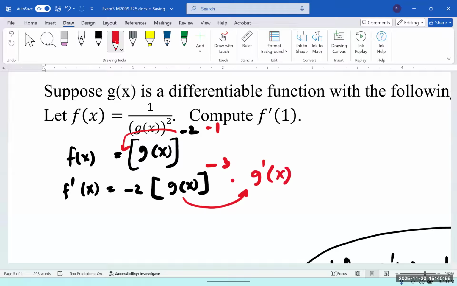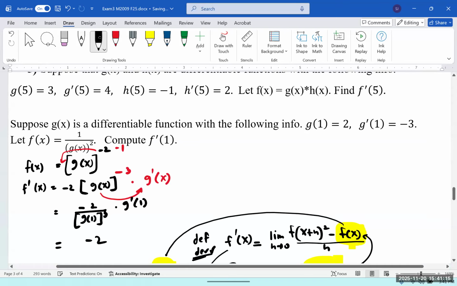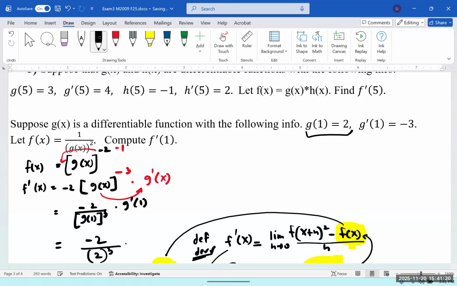Then you substitute x with 1. So you get negative 2 g of 1 cubed, and then g prime at 1. They gave you all the information. G of 1 is 2, so you have 2 cubed times negative 3. So you get positive 6/8, which is 3/4.